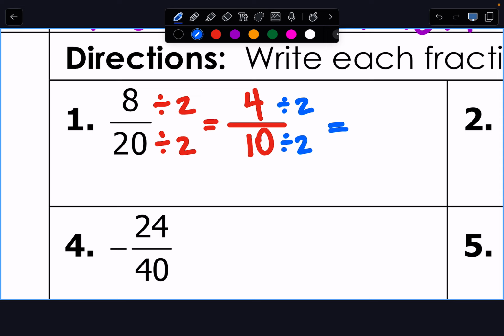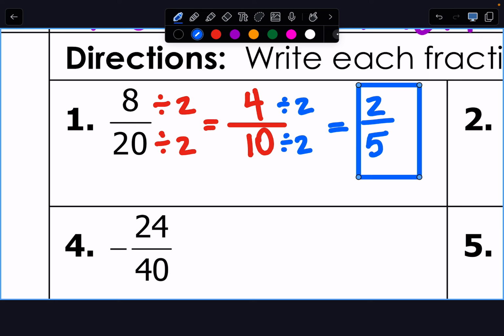And Amari said 2 and 5. Do you have a question? Now, Jacob, Tanner and Josie, they started with 4. What answer did you get? 2 over 5. Okay? So it's okay if you and your neighbor start at different places.